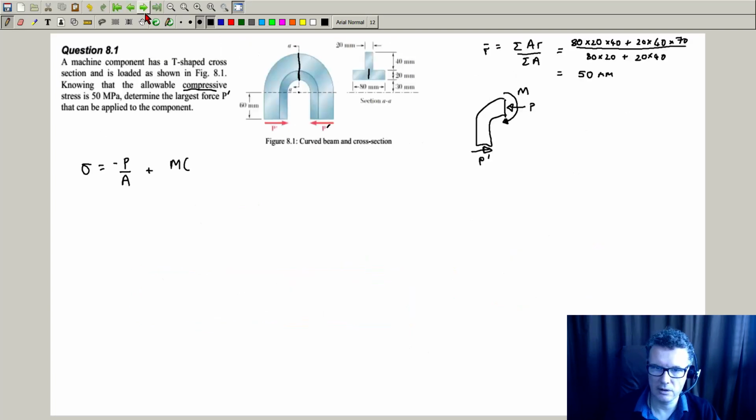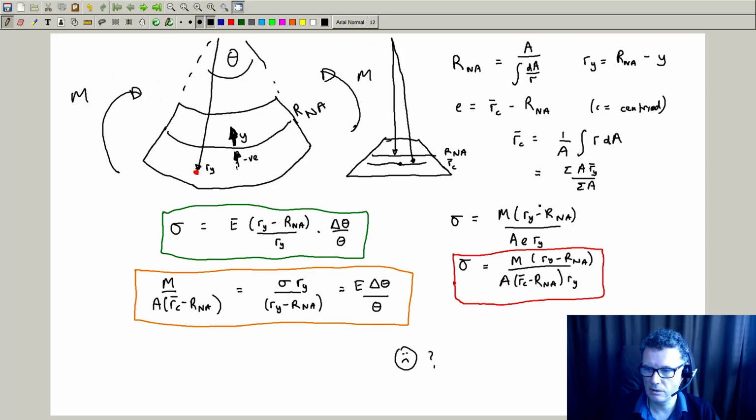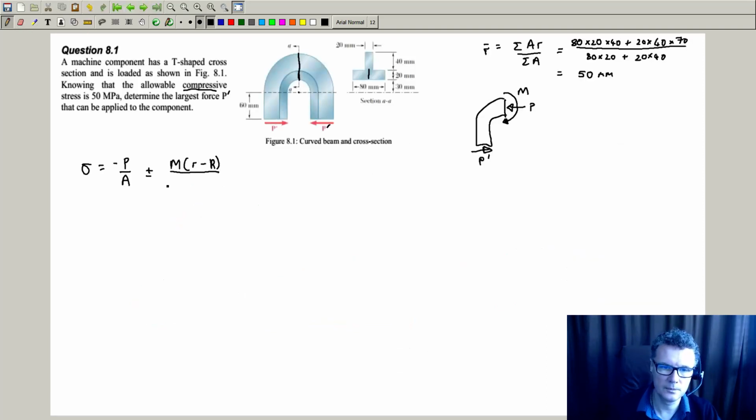Take away little r, take away big R. I'll put plus or minus there for the moment. A R bar. Right.